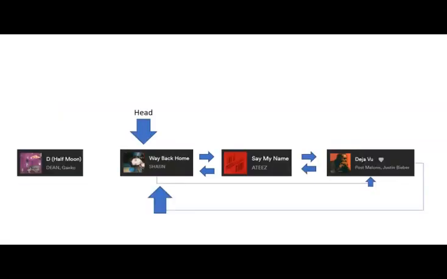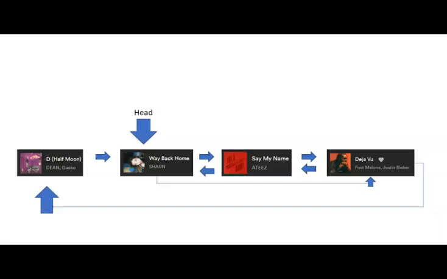So now, if we want to add a new song to the front of the playlist, it would be the same as adding it to the singly linked list or the double linked list. But we have to make sure the previous pointer of the new song points to the last node. So, in this case, we have the new song pointing to the head. Then we would have the head's previous node's next pointer point to the new song.